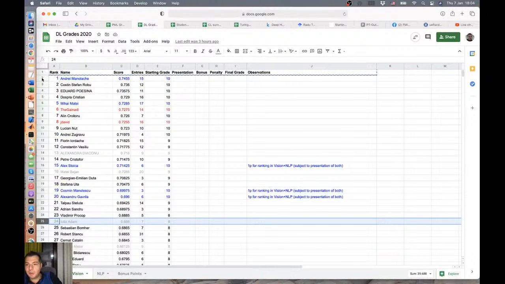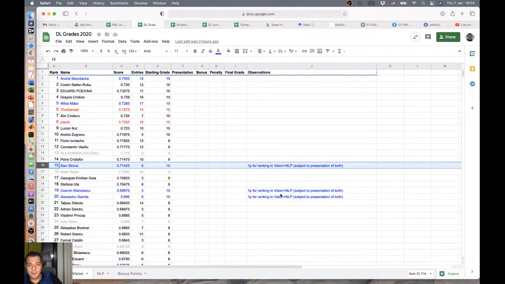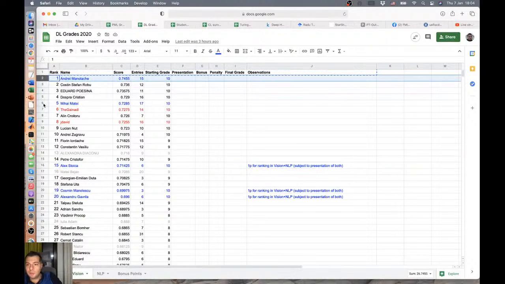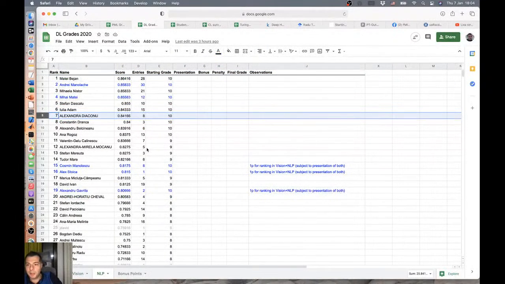Then there are some people in blue that can also get these extra points. For these 2 guys, they are in the top 10 in both rankings, so they have to decide which one to present.